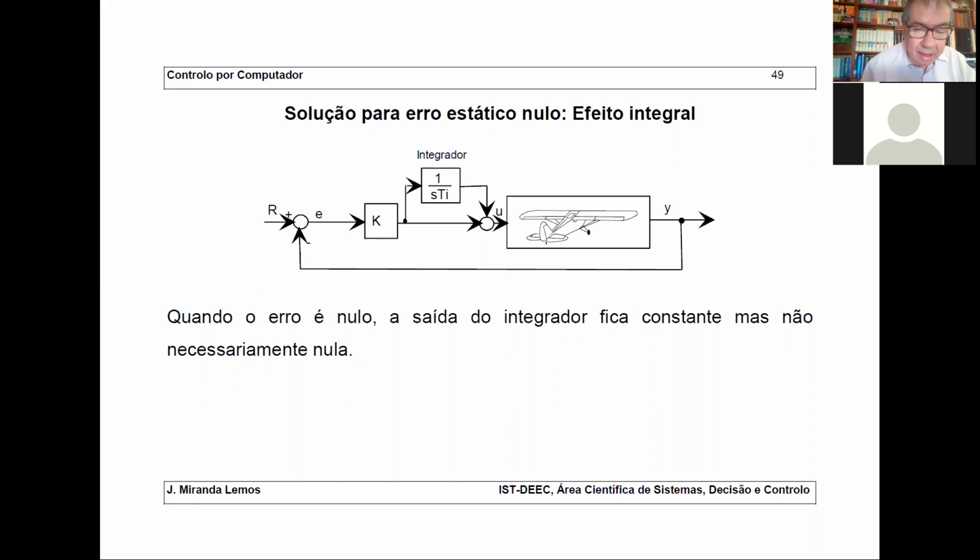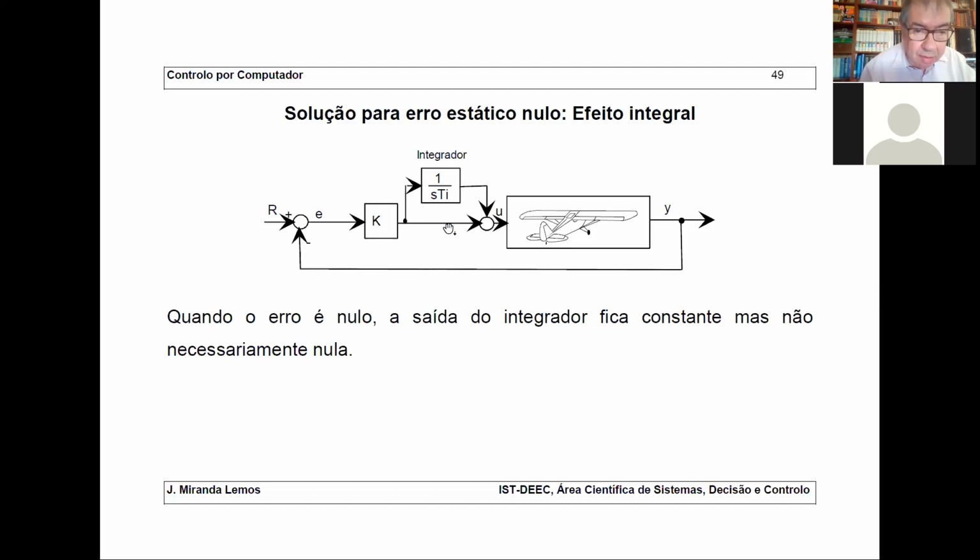So you can have stability problems by increasing the gain when you try, for instance, to make the response of the system faster. So one thing that you can do is to create a zero that attracts some of these poles and prevents some of these closed loop poles from going to the right-hand plane.